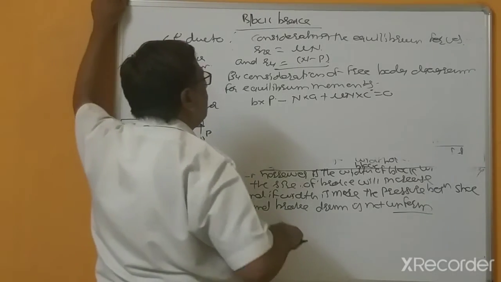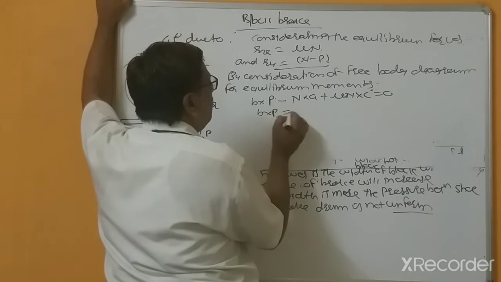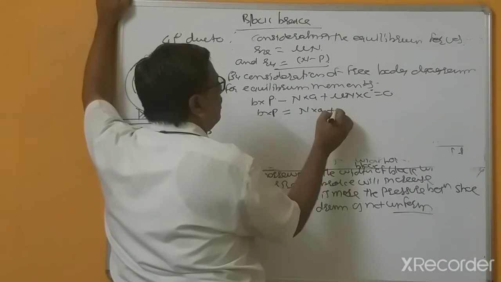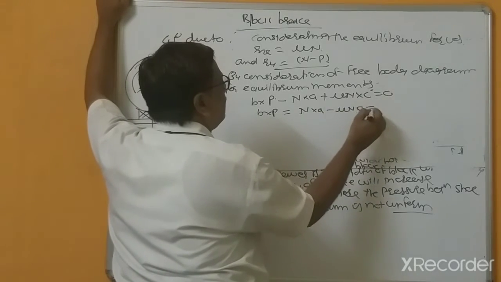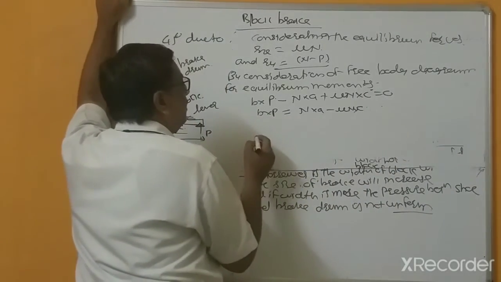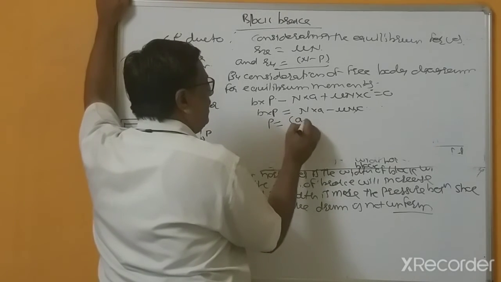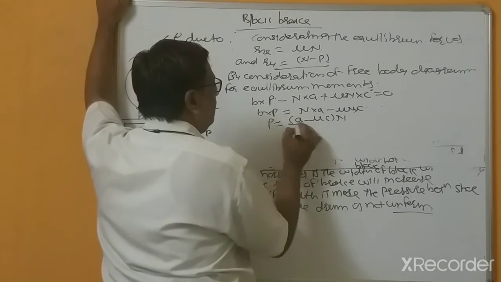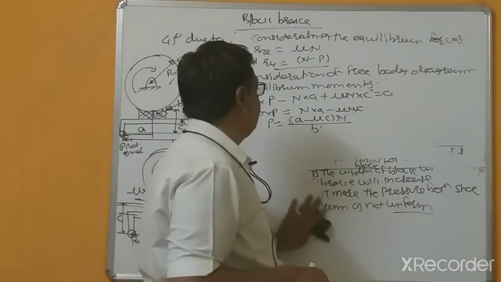Now this is B into P equal to, sorry, this is into C. Now P, the actuating force, equal to A minus mu C multiplied by N divided by B. So this is the common relation.